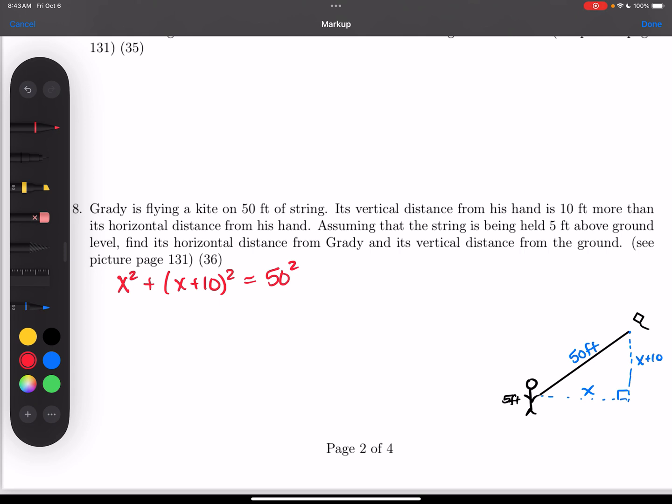All right, so this parentheses here is a perfect square trinomial. So I'm going to have x squared plus 20x plus 100 equals 50 squared, which would be 25 and 20, so 2,500.